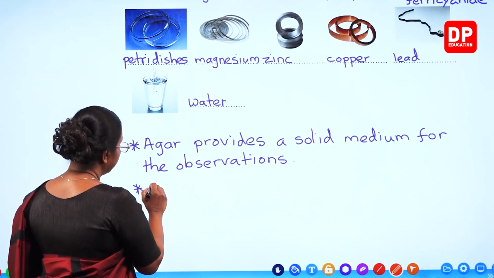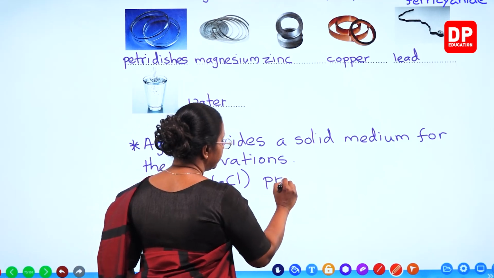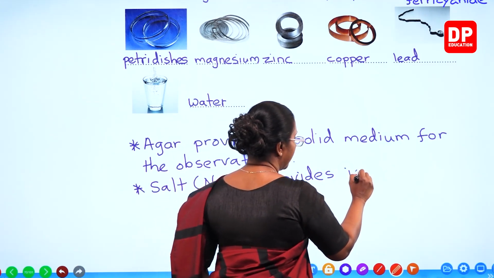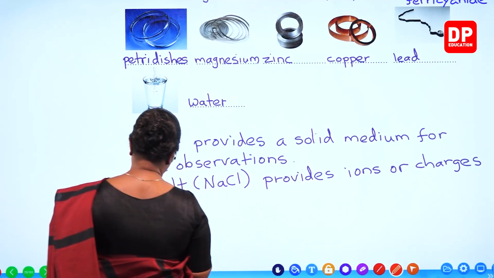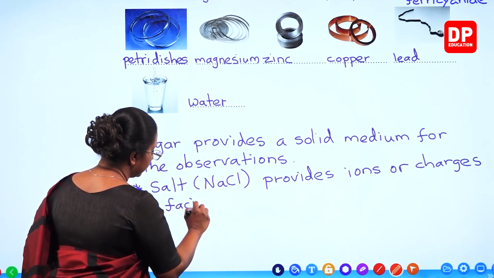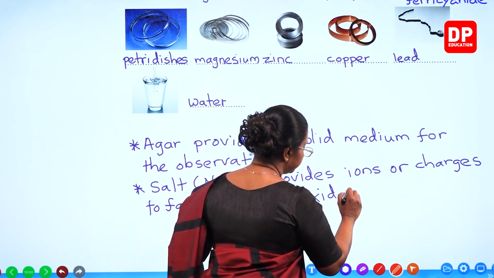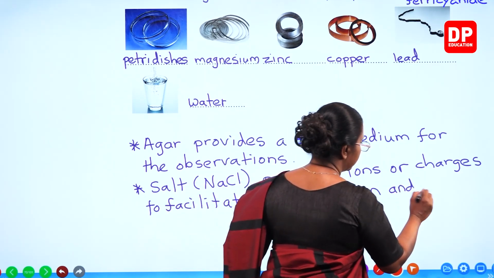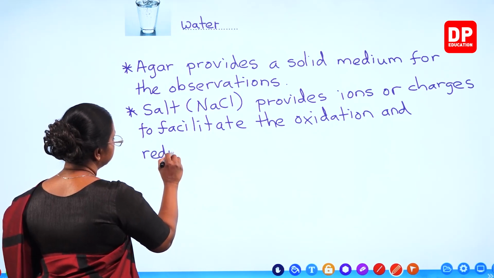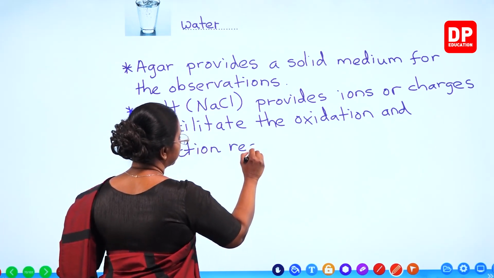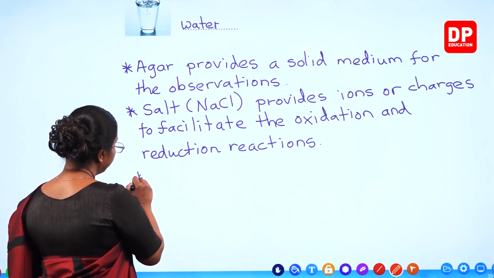Then we need salt, that is sodium chloride, which provides ions or charges to facilitate the oxidation and reduction reactions. So that is iron.